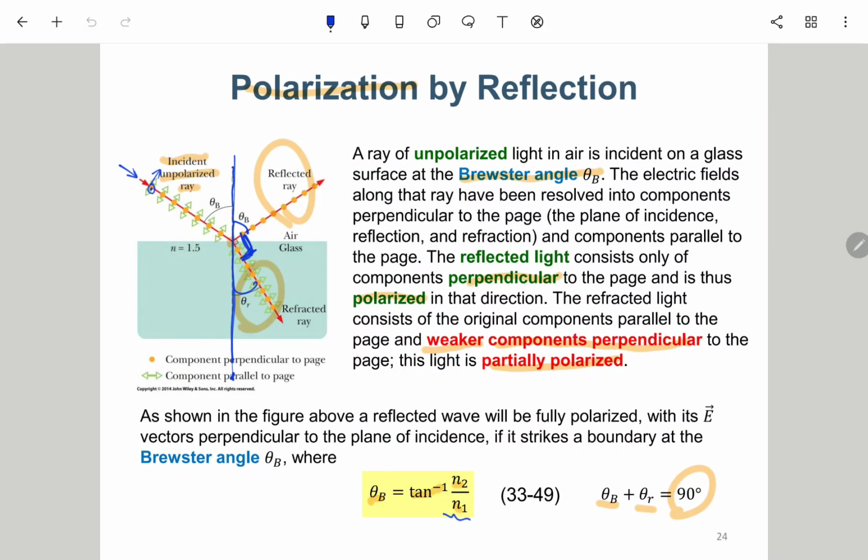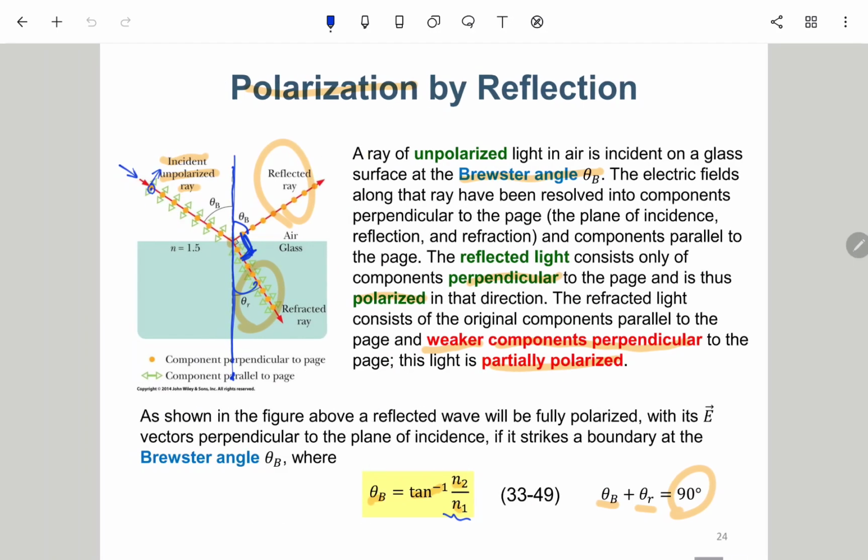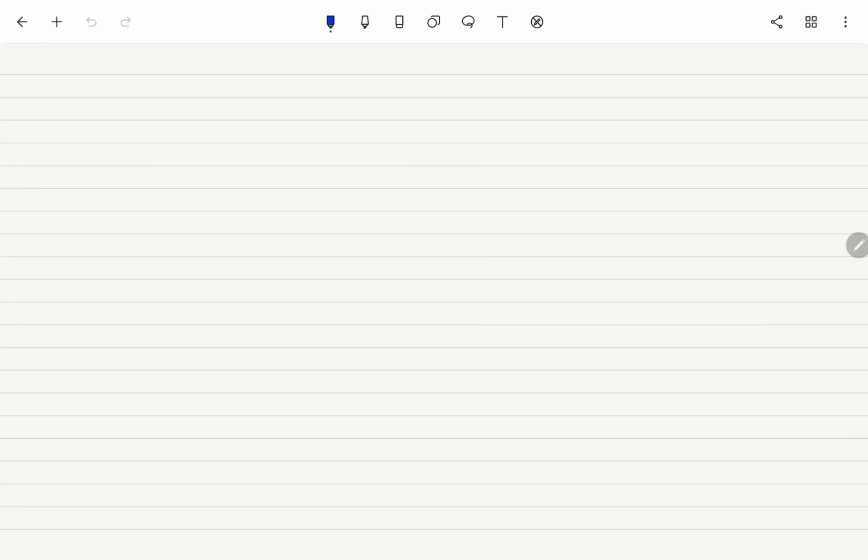Of course we can simply verify why this characteristic is true. What we know is, first, Snell's law, N1 sine of theta 1 is equal to N2 sine of theta 2, and also theta 1 is equal to theta b, which is arctangent of N2 over N1.